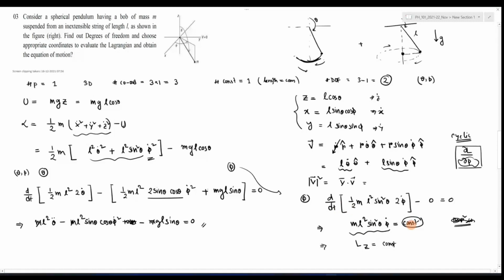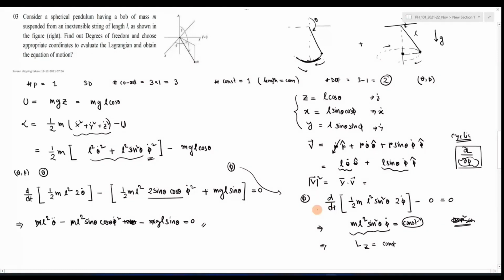It will depend on the initial angular momentum. If you give some initial velocity in the phi direction, then it will remain like this. The more physical explanation we will discuss in the next class.